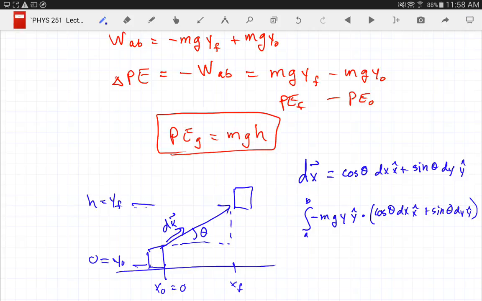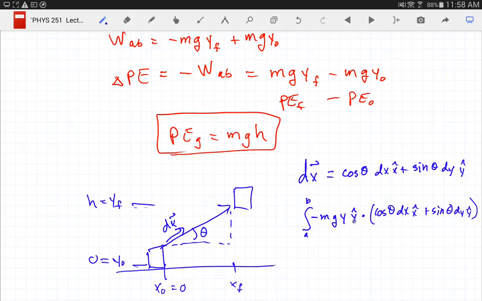If I put it like this, now you see, well, I could break that up into two integrals. One integral is going to have y hat dot x hat. What is y hat dot x hat? Well, just going back to the meaning of a dot product: what does it mean to do a dot product? Multiply parallel parts. So what is x hat dot y hat? Zero.